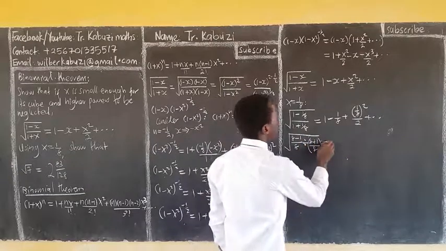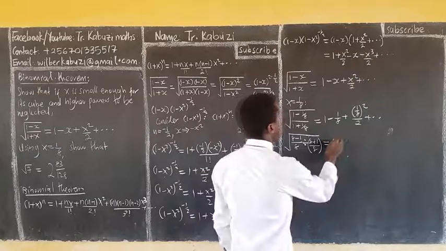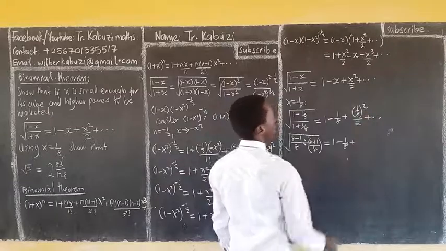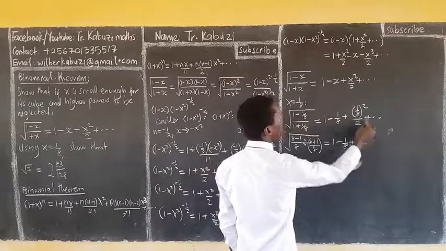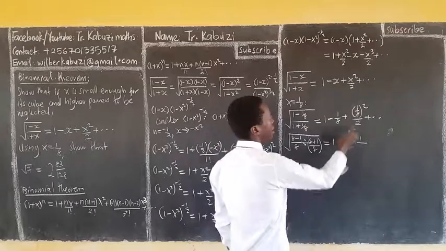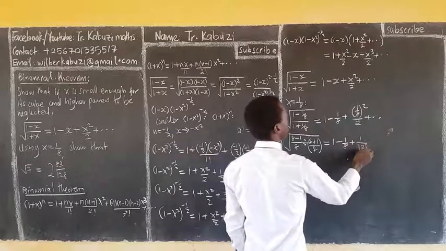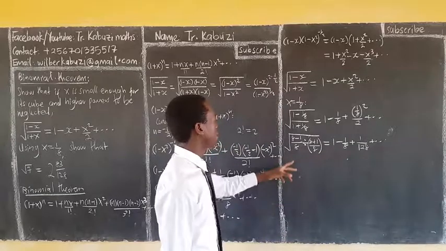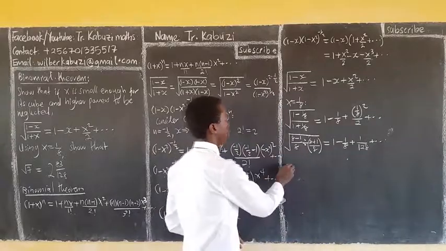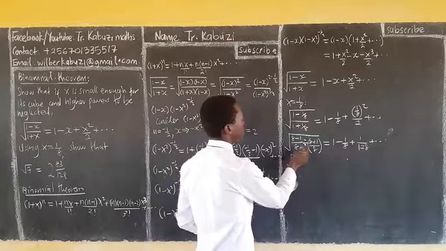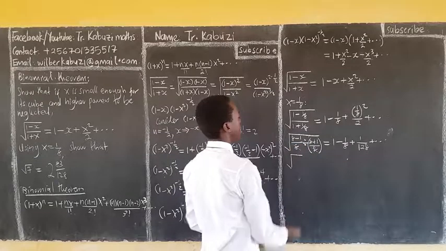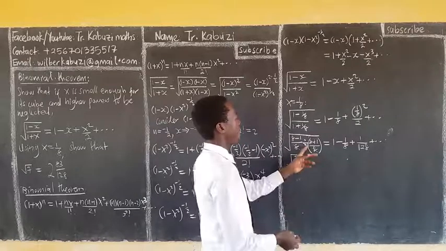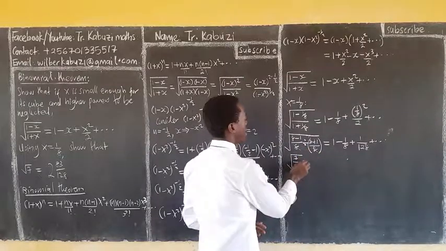This side, you say I have plus 1 over, this will be 64 times 2, that's 128, plus other terms. Now this one is going to cancel, so up I'll be having roots, so this cancels with this. So I have 8 minus 1, I have 7 over 8 plus 1, that's 9.